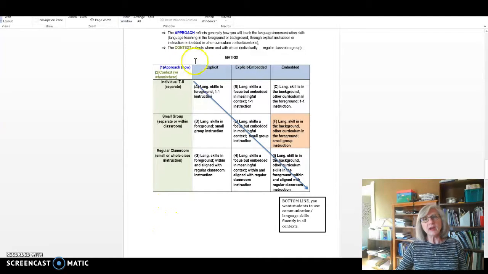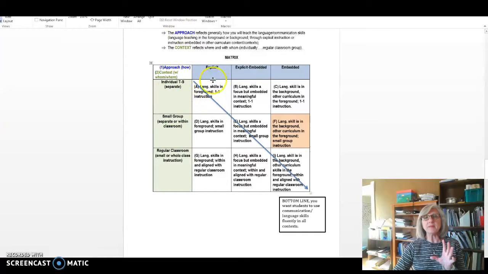So in your last assignment for the end of this week, this is the matrix that I ask you to look at. And it really helps us get even more clarity on what's our goal, but then where and how are we going to teach it? Is it going to be individual? That's where you often start, in an individual context. Small group, regular classroom. This gets more difficult this way.